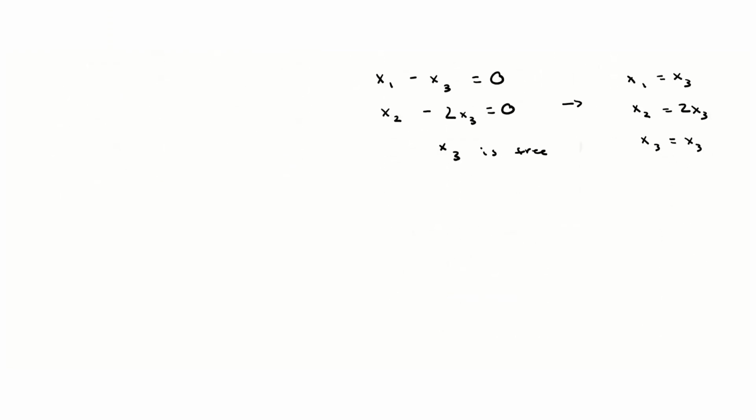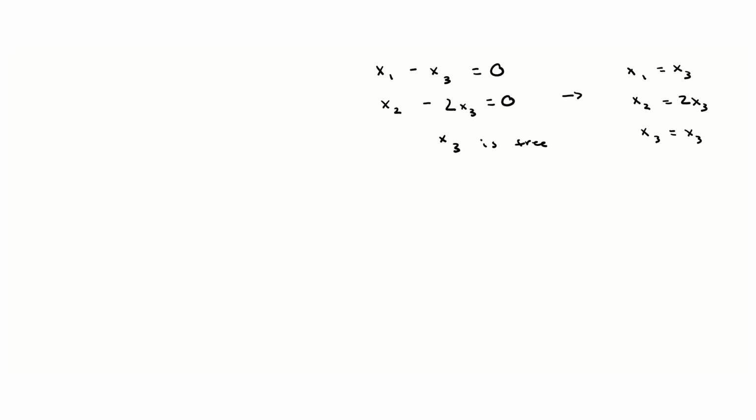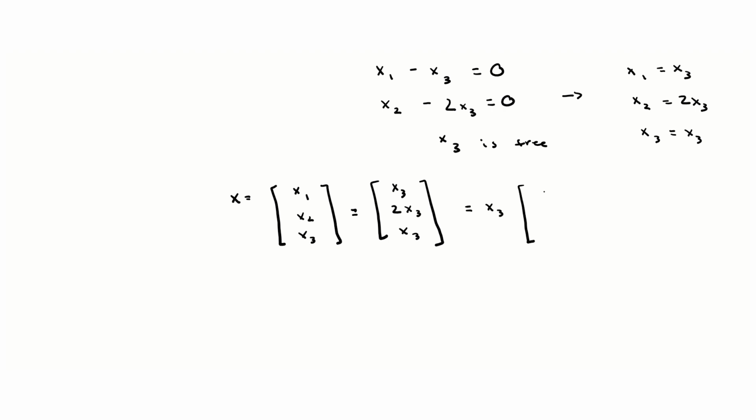So we're going to rewrite this as x equals first x sub 1, x sub 2, x sub 3, which equals x3, 2x3, and x sub 3. For our last step, we'll factor out x sub 3, which gives us finally 1, 2, 1.